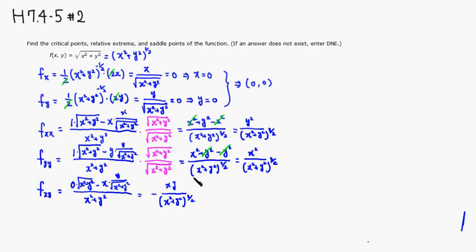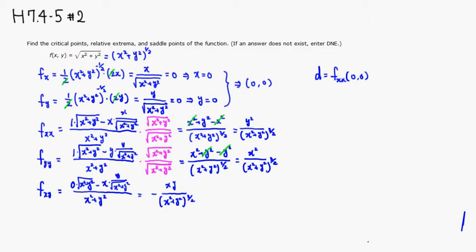Then we did all this work, and let's find the quantity D. But you realize that if you try to evaluate the second partial with respect to x at 0, 0, we already see a problem: it makes the denominator equal to 0, so this is undefined.